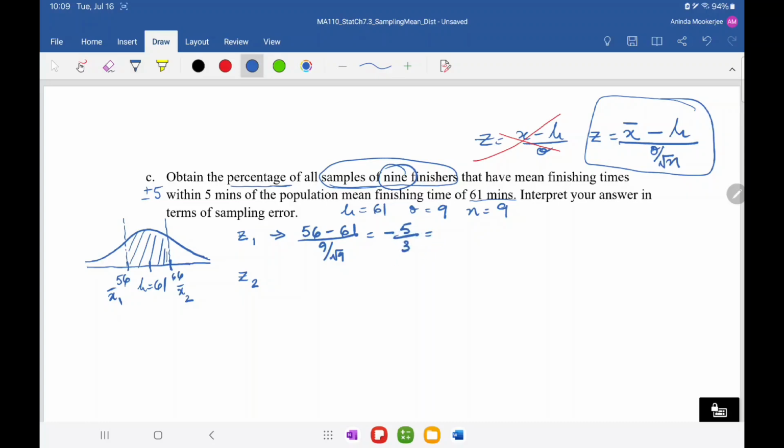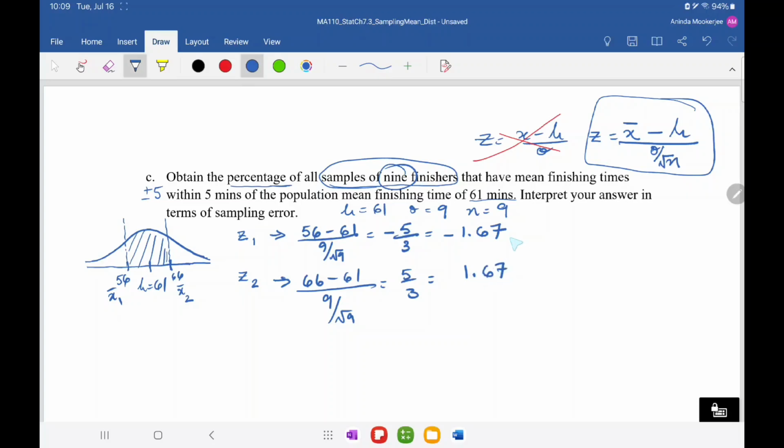So we already calculated that up above. So that's going to give us a value of negative 1.67. And for z sub 2, it's going to be 66 minus 61 divided by 9 over square root over 9, which is 5 over 3, which is positive 1.67.